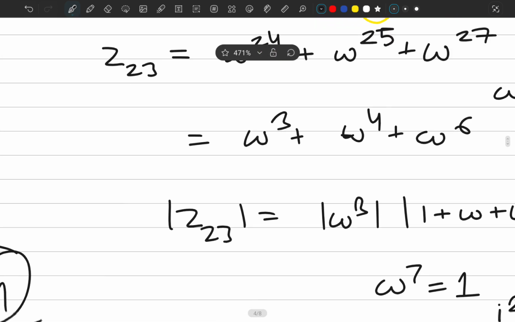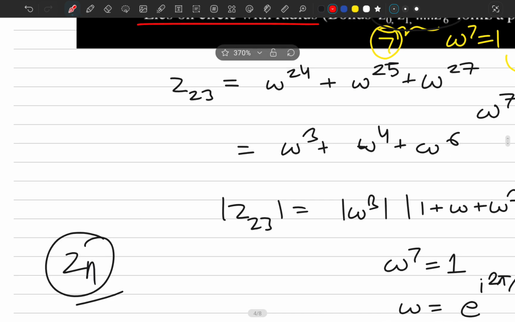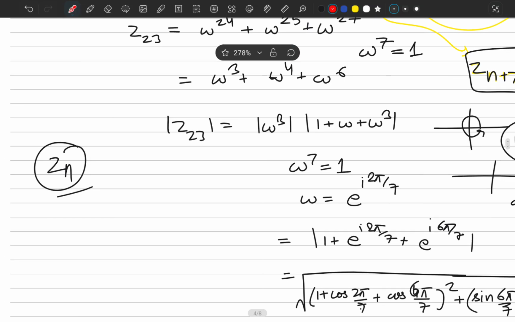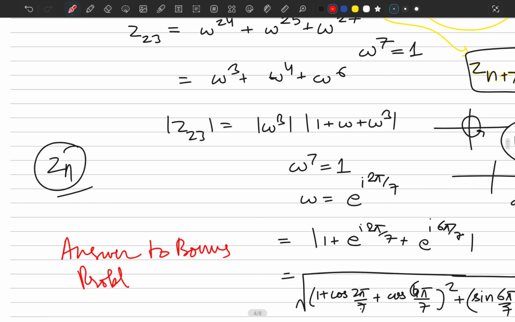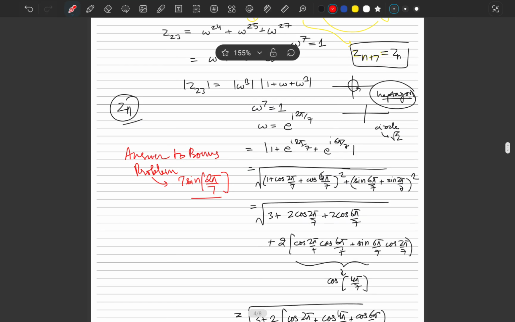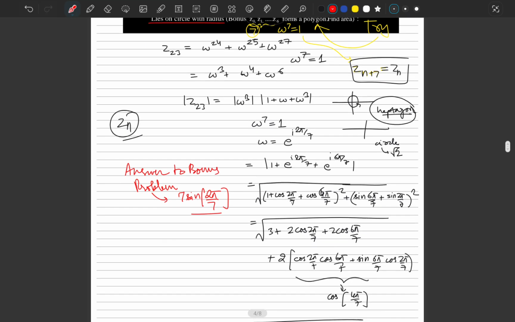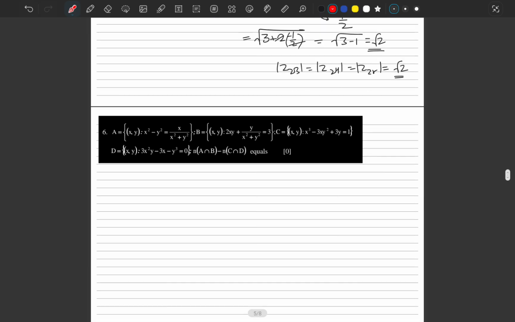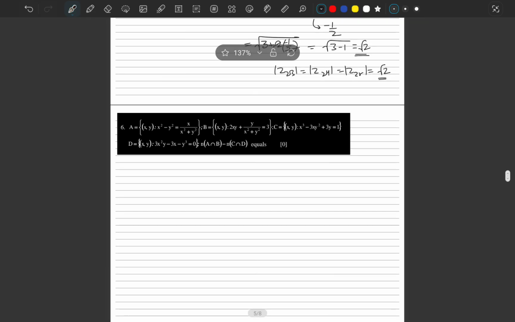I'm telling the answer to this bonus problem, that I guess it turns out to be this. So you can check for yourselves. I think that this is the answer that comes out. I'm not entirely sure though.